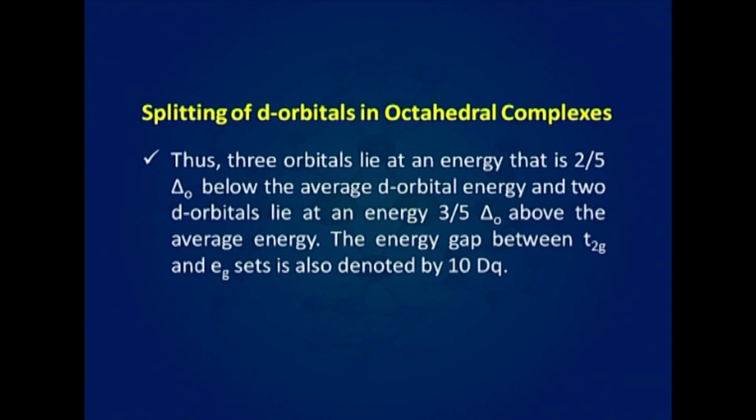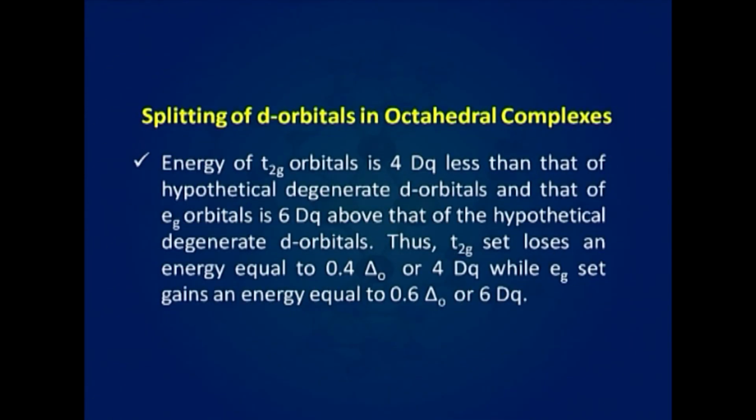The energy gap between T2g and Eg sets is also denoted by 10 Dq. Energy of T2g orbitals is 4 Dq less than that of hypothetical degenerate d orbitals, and that of Eg orbitals is 6 Dq above that of the hypothetical degenerate d orbitals.